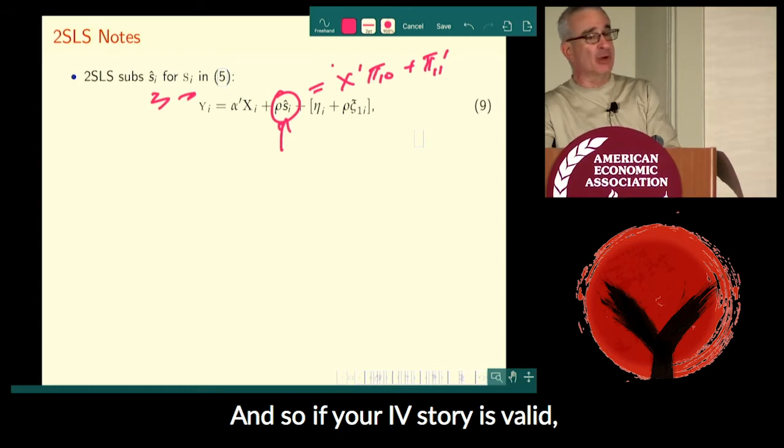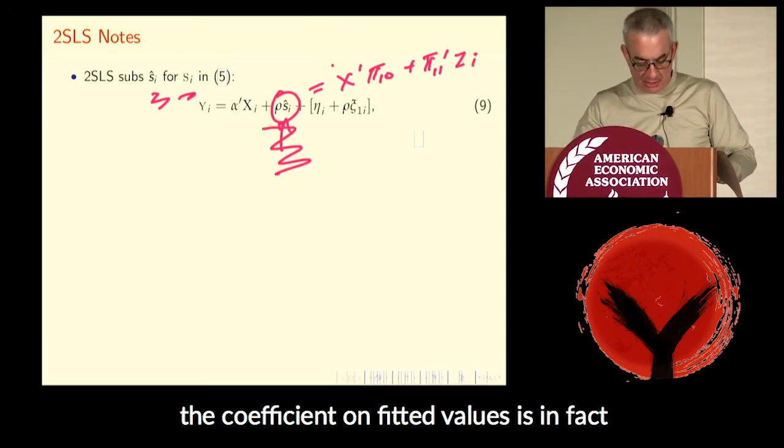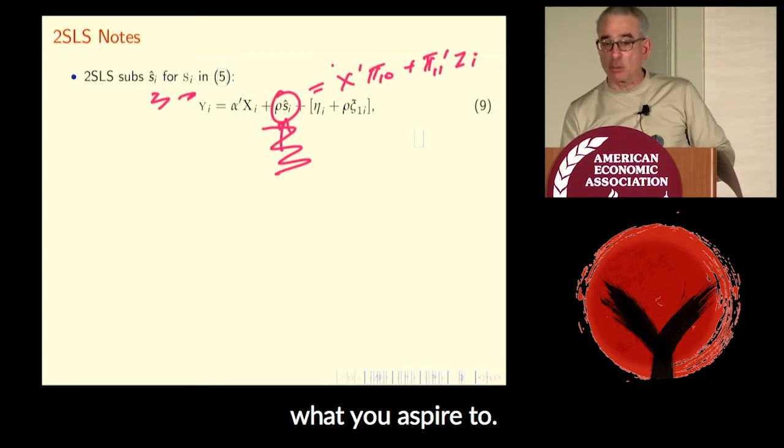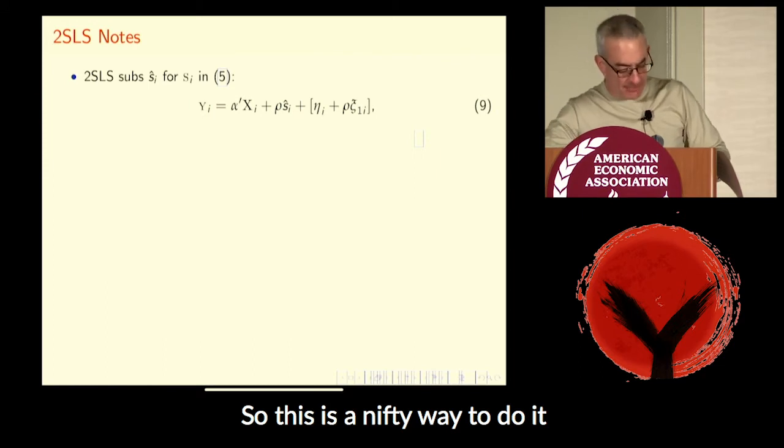And so if your IV story is valid, the coefficient on fitted values is in fact what you aspire to. It's the long regression rho. So this is a nifty way to do it.